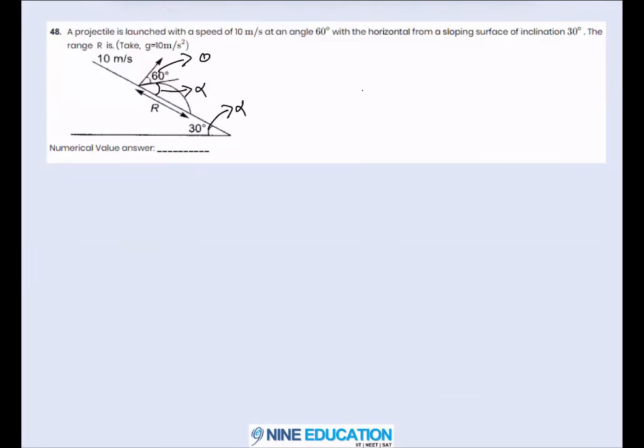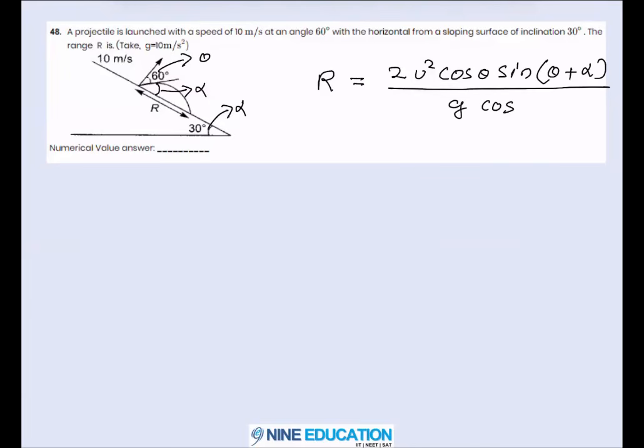Now, the formula of range is 2u square cos theta into sine of (theta plus alpha) divided by g cos square alpha.